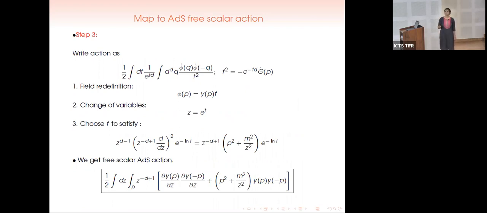Okay. And then you're choosing your F. What does it mean to choose your F to satisfy this equation? So that it looks like the AdS free scalar action.